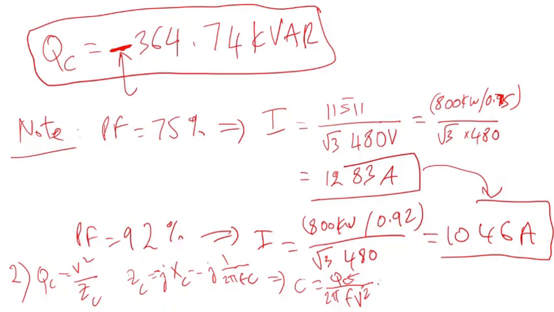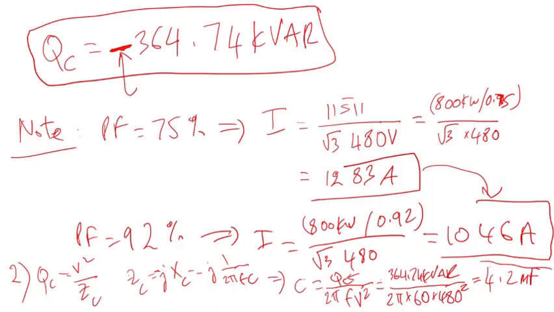So I'm going to use three-phase. I calculated 364.74 kVAR divided by 2 pi times 60 hertz times 480 volts squared. So you get 4.2 millifarads.